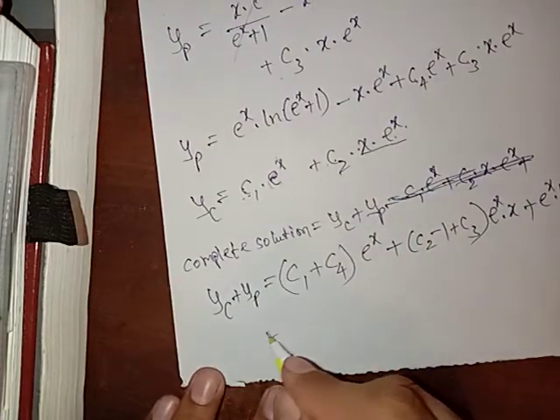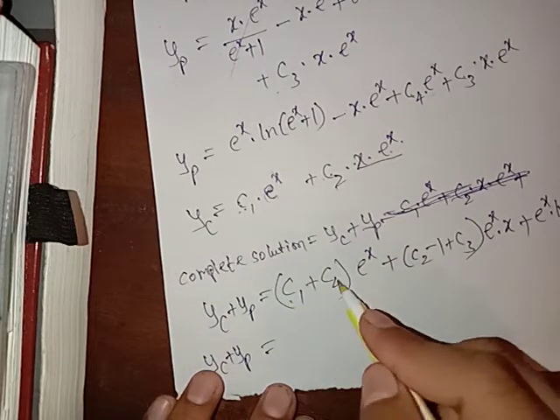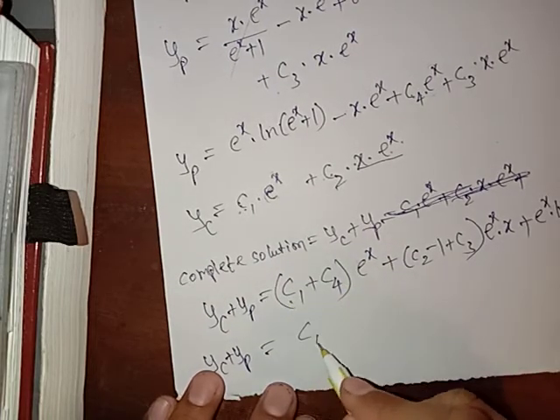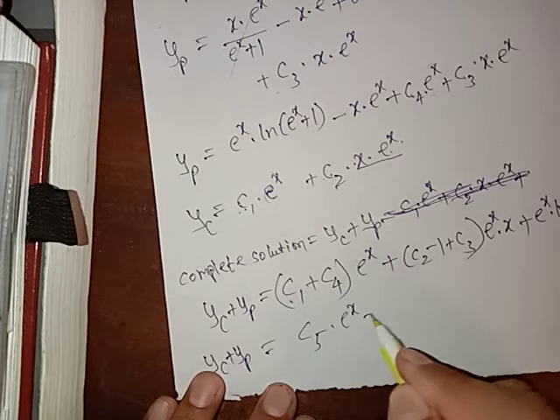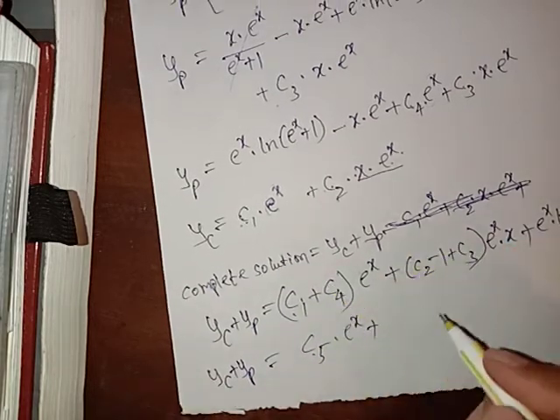So we can write the complete solution as c1 plus c4, we can take as c5, into exponential of x, any other constant. Here c1, c2, c3 are constant values.